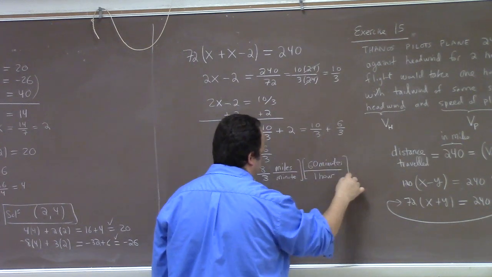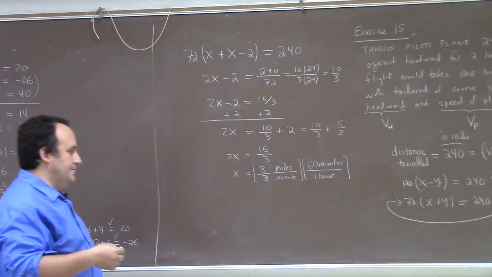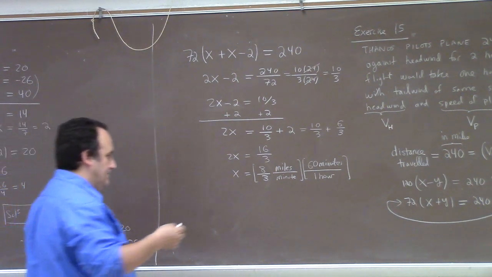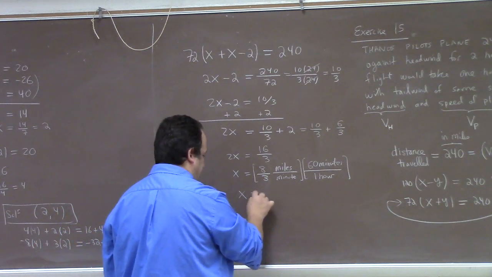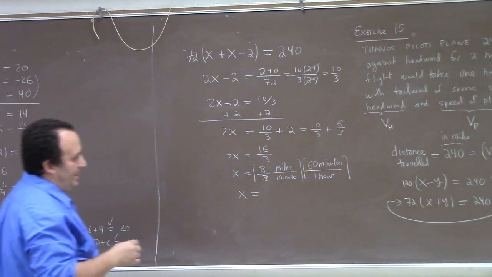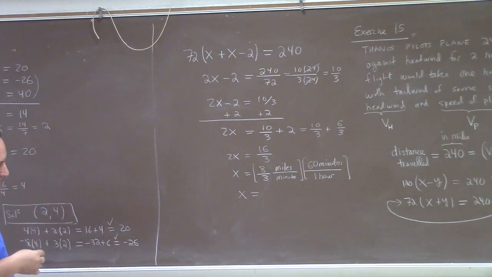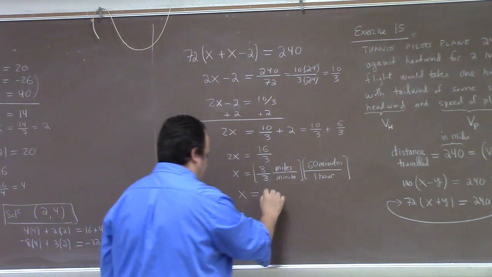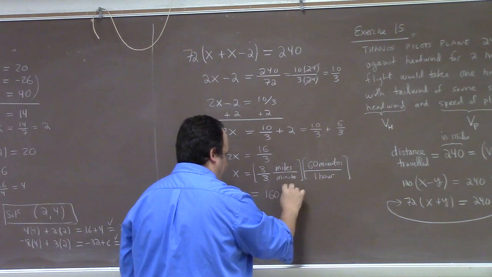It's just a fancy way of multiplying by 1. So essentially you just have to multiply by 60. What's 60 over 3? Yeah, 60 over 3 is 20, right? So 8 times 20 is 160. So 160 miles per hour.